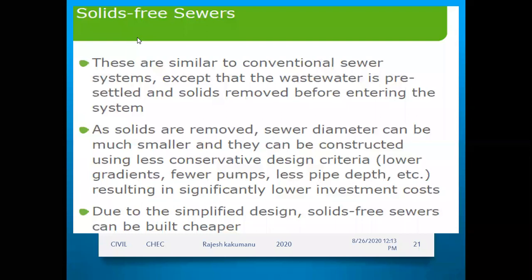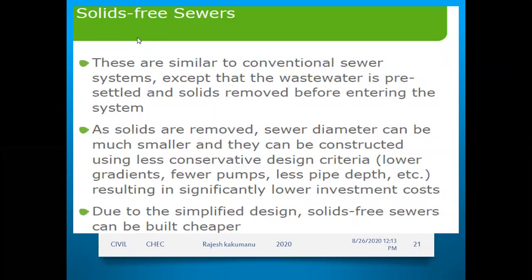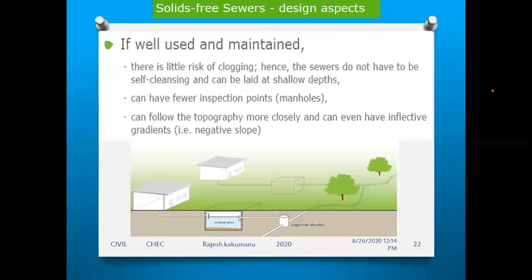Next, due to the simplified design, solid free sewers can be built cheaper. In these solid free sewers, the design is very cheap and easy to construct in the places. Next one, if you see the design aspects, there is little risk of clogging.